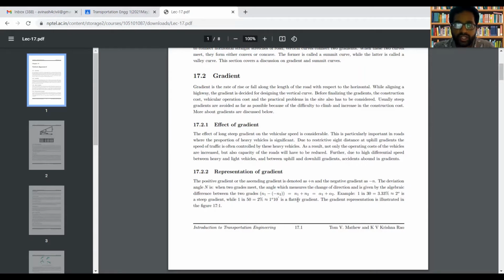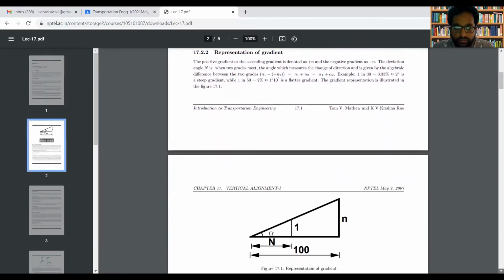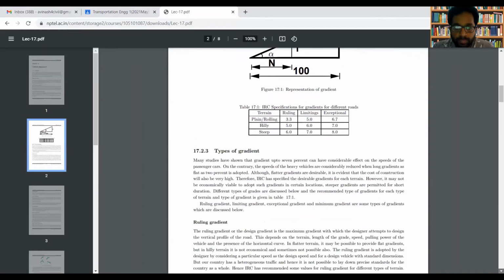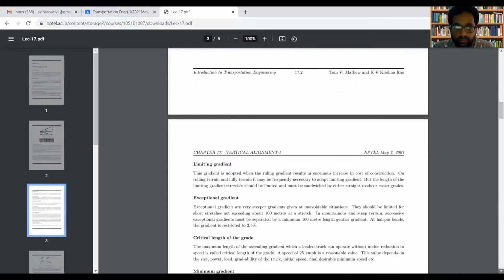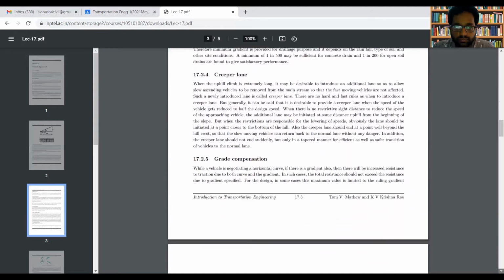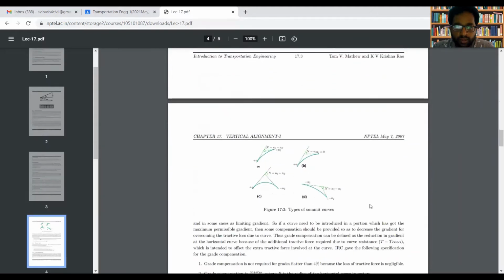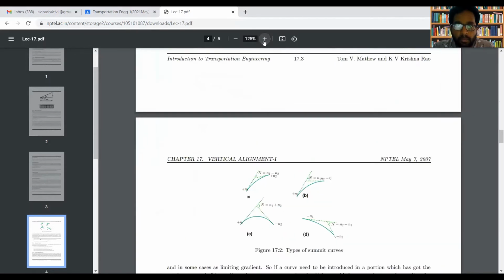This deviation angle can be given by the algebraic expression n1 plus n2. For example, I can show you. Here you can see this one, I hope it is clear. If you want, I can zoom in more.